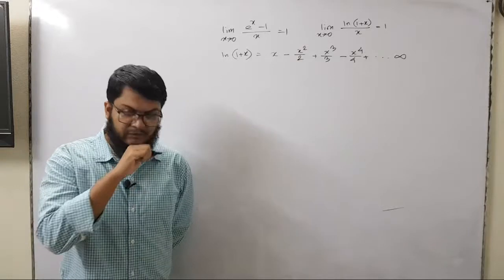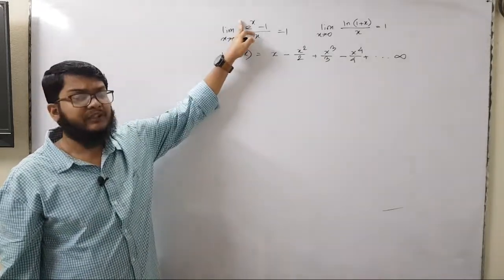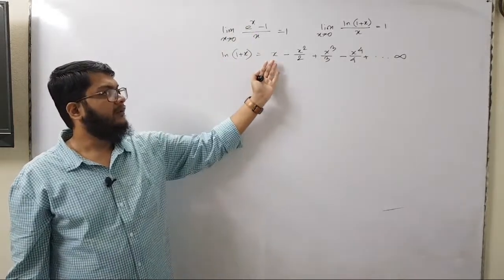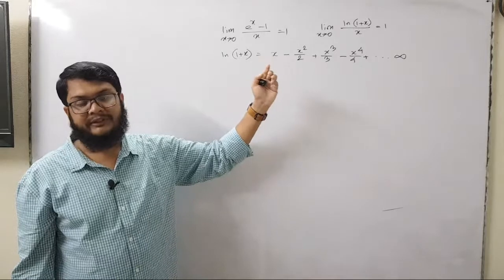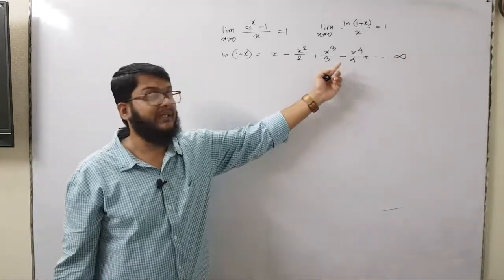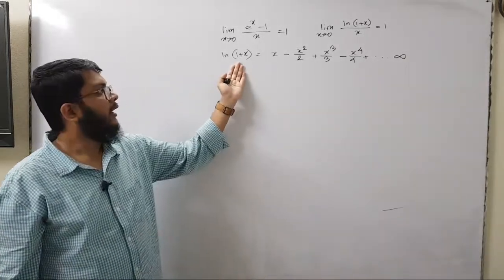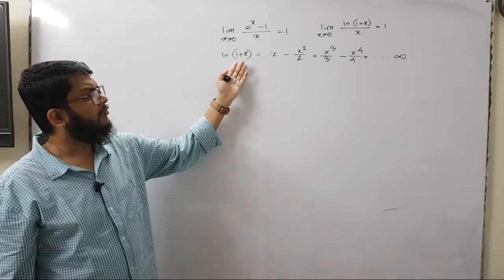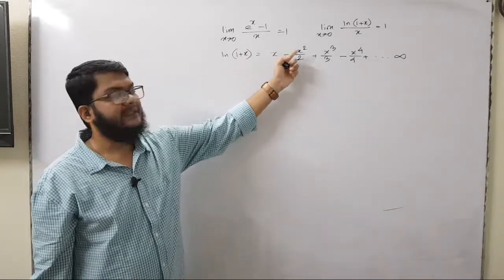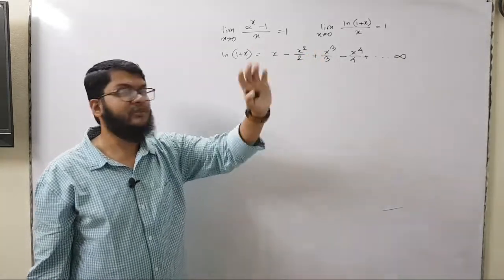In the expansion of e to the power x, all the terms were positive, but here the consecutive terms are of opposite sign. The first term is positive, then negative, again positive, and then negative, in this way all the way to infinity. We will use this. If you have twice x instead of x, then it would be twice x, negative twice x whole squared divided by 2, positive twice x whole cubed divided by 3, and it will go on.